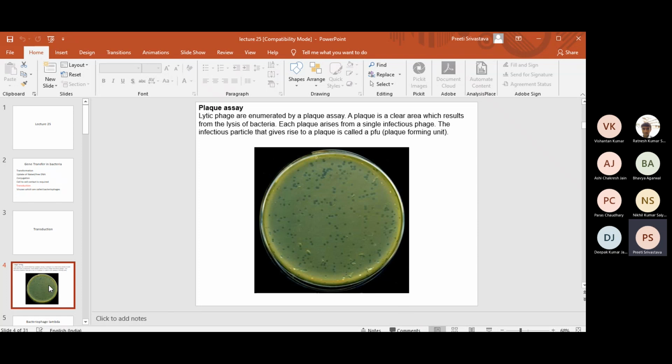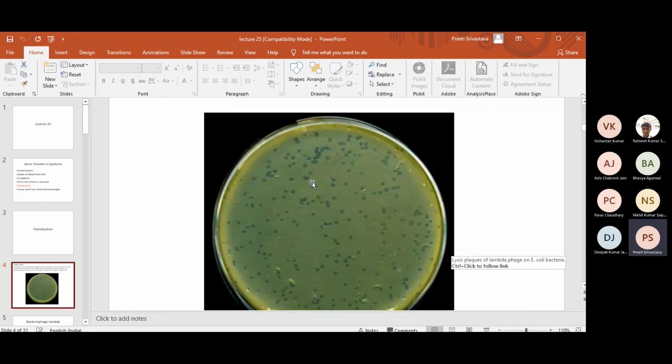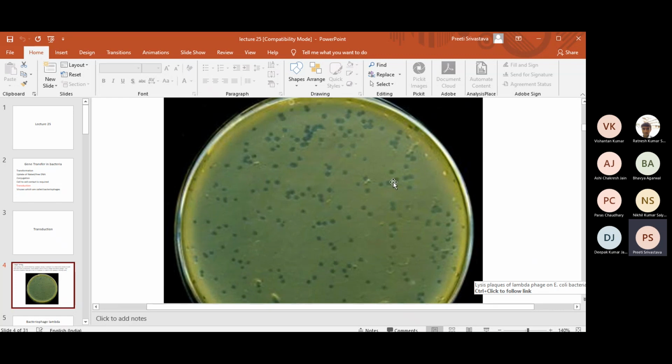This soft agar contains a confluent lawn of bacteria. If I make this plate big, the background has all bacteria, and what you can see are the clearance zones. These clearance zones are where lysis has taken place because of the attack by virus, and these are called plaques.